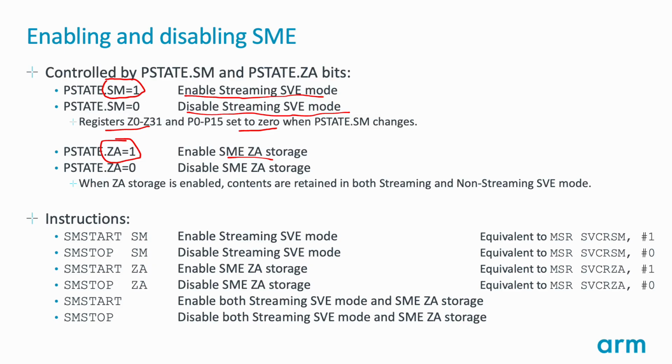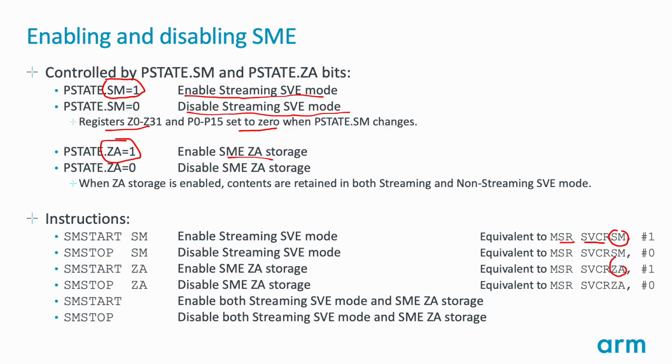We can use MSR instructions. These fields can be programmed by programming the SM field and ZA field in the streaming vector control register. The SVCR is the streaming vector control register. We can program these fields using the MSR instruction.